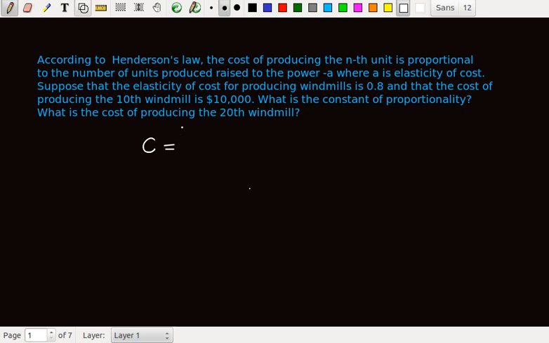So we know that we're proportional, so let's look for the cost of producing the nth unit is proportional. There's the proportionality, so we know we're going to have a K. So the cost of producing that nth unit is K times the number of units already produced, which we'll call N. N is the number produced so far.